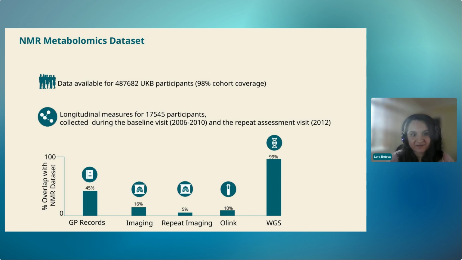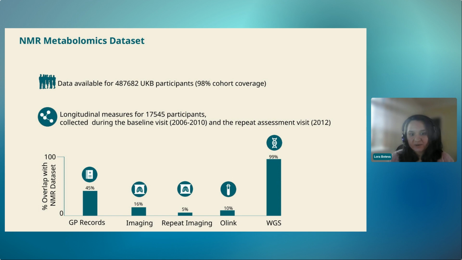About 20% of the participants in the study have imaging data available, just over 100,000, and that includes MRI images of the brain, heart, and abdomen, as well as things like DEXA scans for bone density. That breaks down to about 80,000 participants who have just one imaging visit, but also an additional over 20,000 participants that have a repeat imaging visit, so 2 imaging visits, enabling again longitudinal analysis.